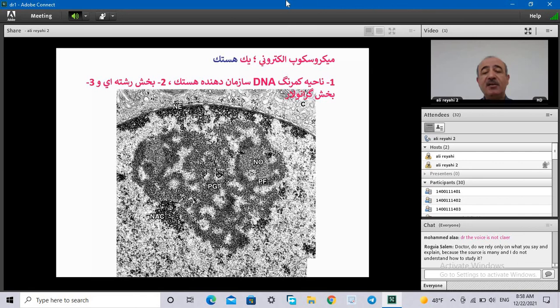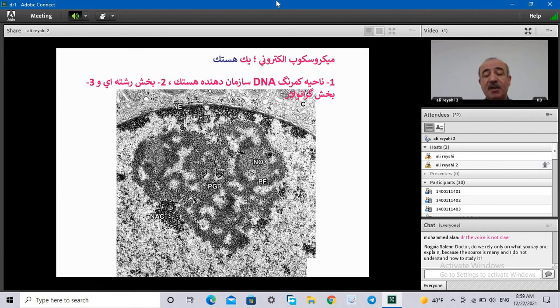Under the electron microscope, we can see a very large magnification of the nucleolus, and we can distinguish some areas within the nucleolus, for example pars fibrosa and pars granulosa.